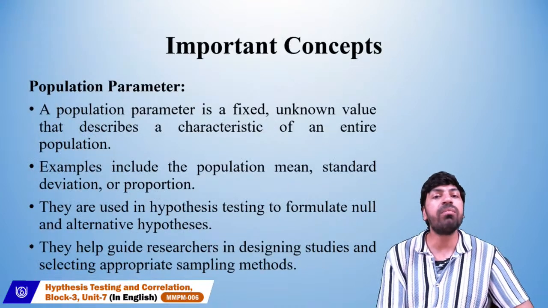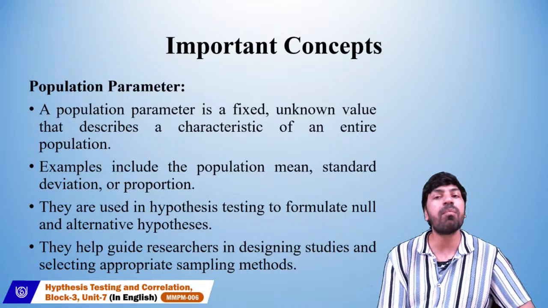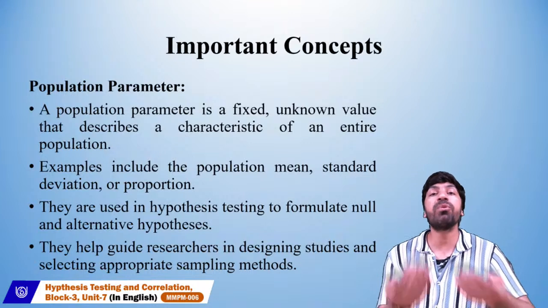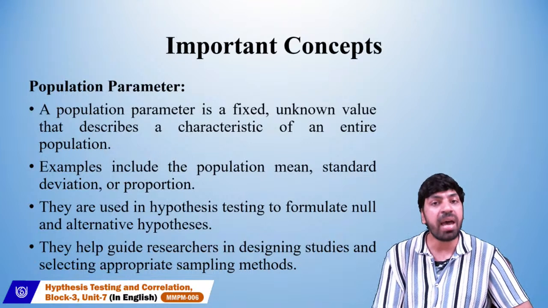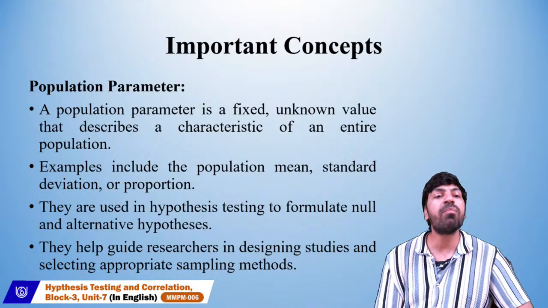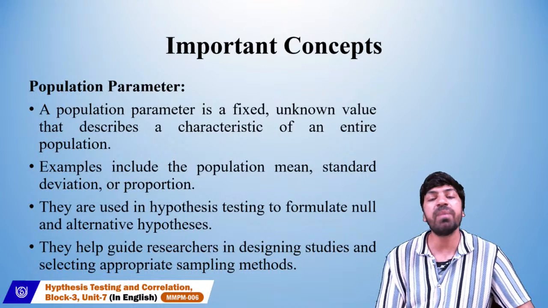Now we can come to the more important concepts. There are two main concepts before we proceed to mathematical numerical questions: the population parameter and the critical region. So we can talk about the population parameter. A population parameter is always fixed.